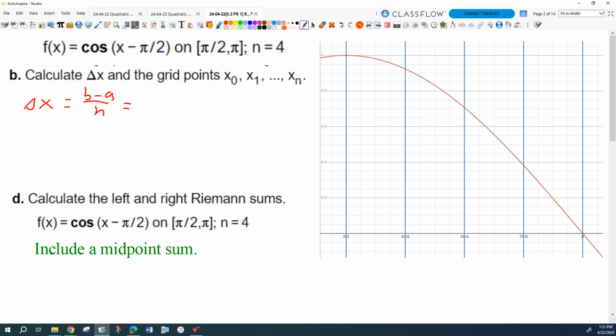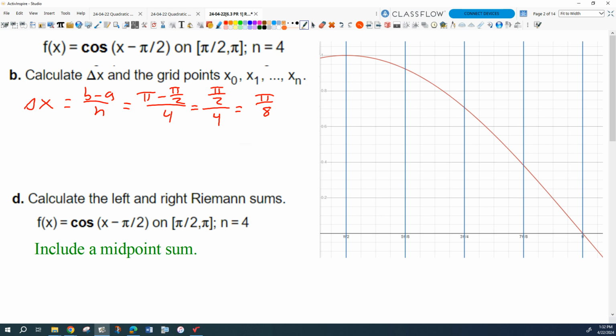So what's our b? Okay, pi, there you go, good. So pi minus a is pi halves, everybody agree? So I get pi minus pi halves over n, which is 4. Well, that's just pi halves divided by 4, which is what? What's 1/4 of pi halves? Pi eighths. So our delta x is pi over 8, right?